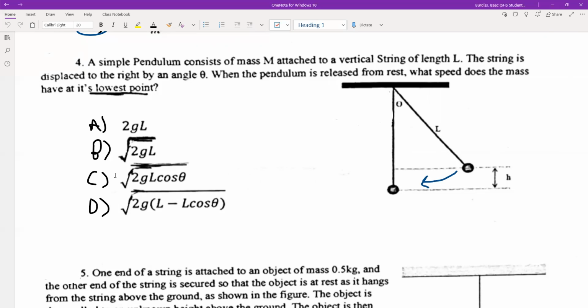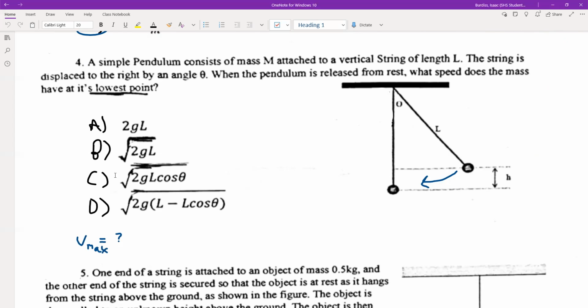So what do we know? Well, all it really told us are letters, so that doesn't really help us in this case. And we're trying to find the speed at the bottom. So that means we're trying to find v. And if you know about pendulums, at the bottom, it's also going to be the maximum velocity or the final velocity.